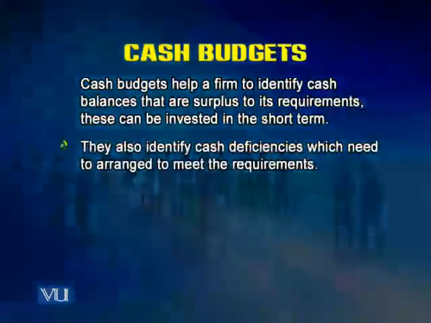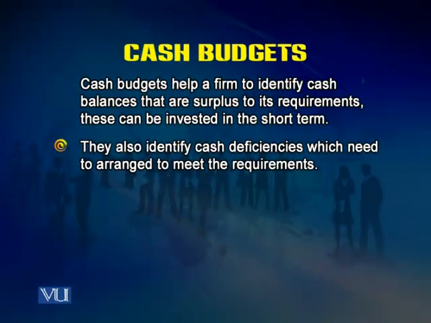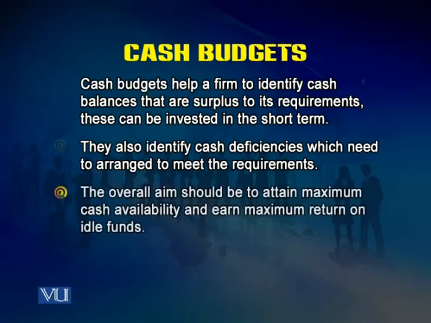The idea will be overall that when you have some funds available, those funds should be invested and a return earned for the organization. They also identify cash deficiencies which need to be arranged to meet the requirements. The overall aim should be to attain maximum cash availability and earn maximum return on idle funds.